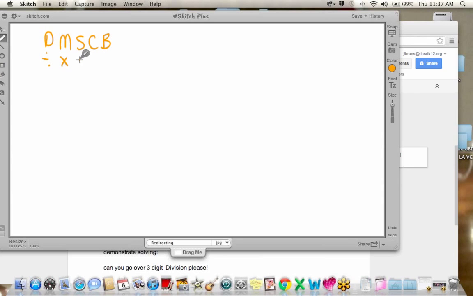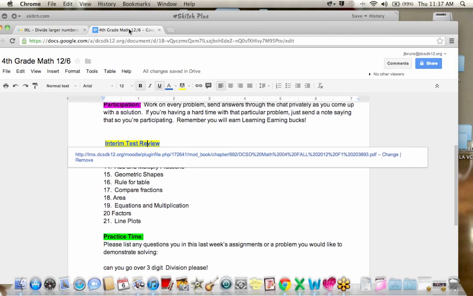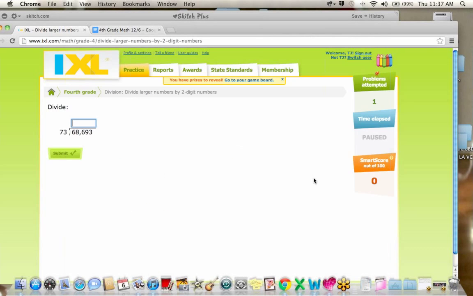Divide, multiply, subtract, check, and then bring down the next number. Okay, so I want everyone to write this problem down and try it with me: 68,693 divided by 73.